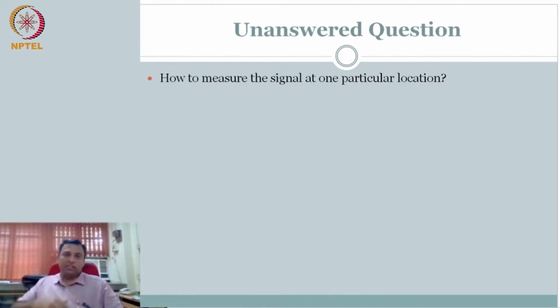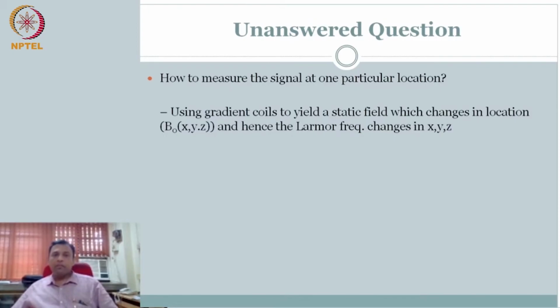I can say it is coming from that location. Very intuitive, very simple concept. So that is what we will do. We'll talk about using gradient coils to encode your magnetic field at different locations in X, Y, Z, so that the Larmor frequency changes. So from the signal frequency, we know where it came from. At the bird's eye view, that is the concept.